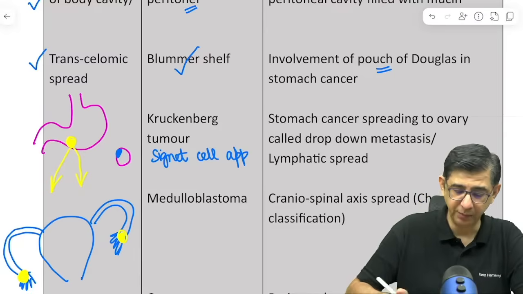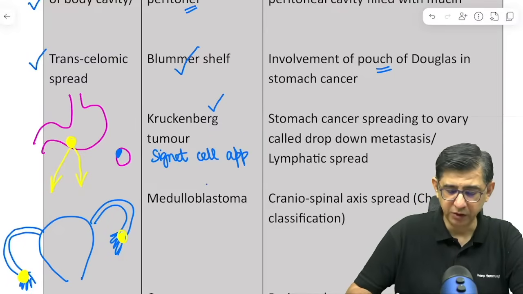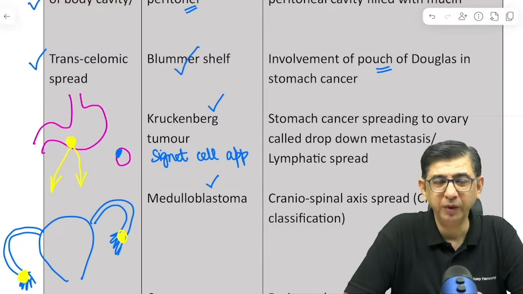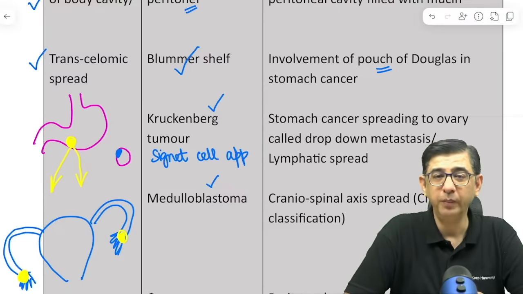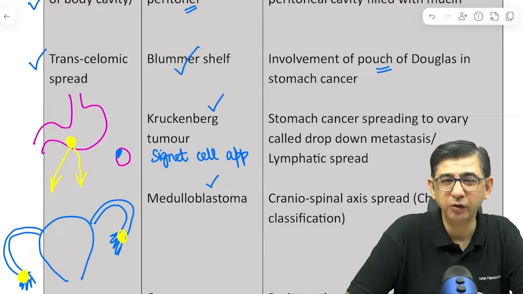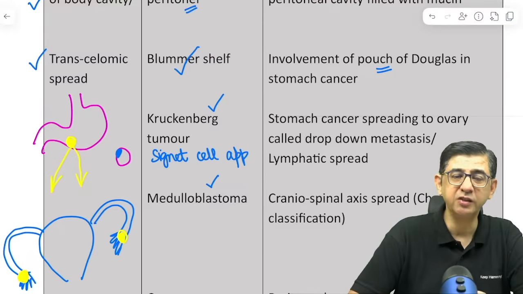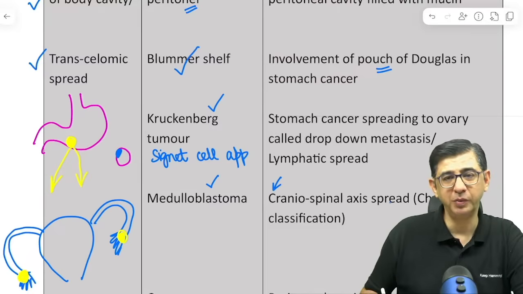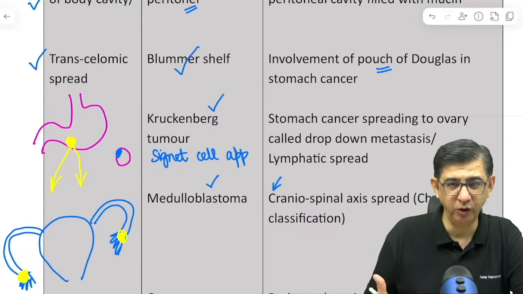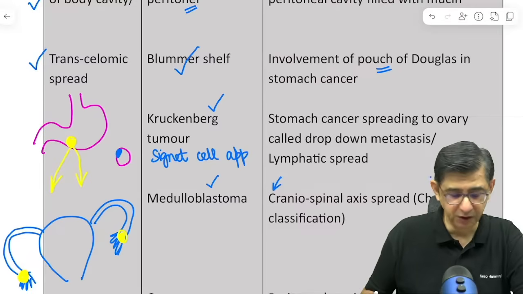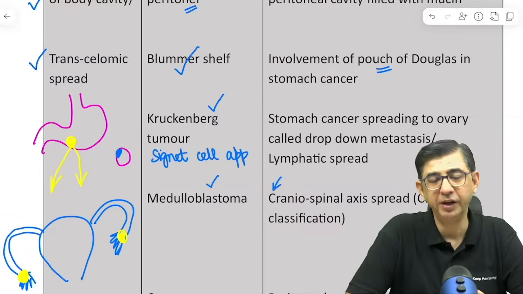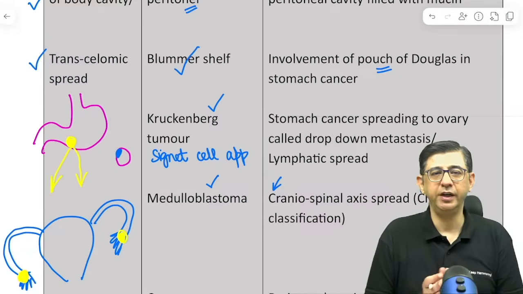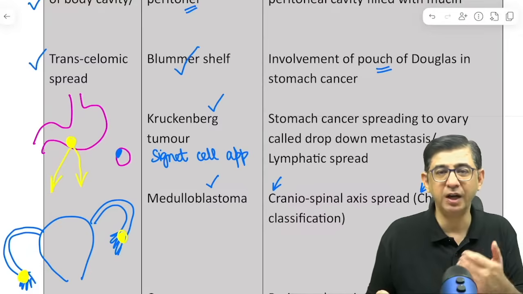And then the third example for this transcoelomic spread, not exactly the word coelomic, but craniospinal axis spread, because medulloblastoma is the most common posterior fossa tumor in children and it spreads in the CSF. So you have to remember two things: one, craniospinal axis spread for medulloblastoma, and we will do a lumbar puncture and CSF cytology for determining the metastases, and second, a classification is used here, called the Chang classification. So these are tumors which are present at one site but then disseminate to a distant site which is anatomically close.